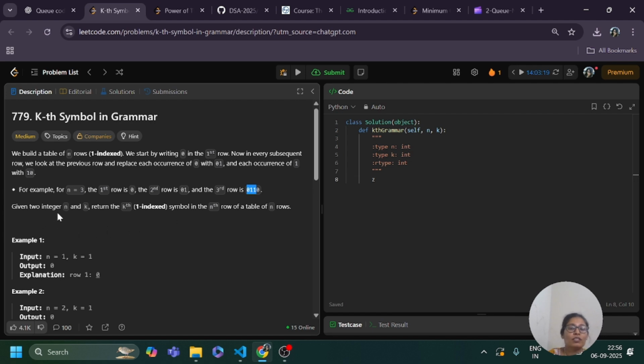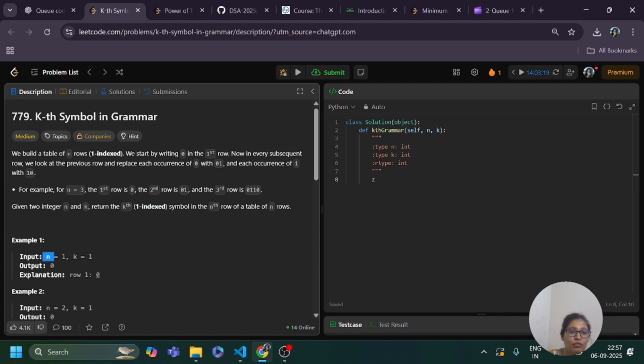So given two integers n and k, return the kth 1-indexed symbol in the nth row of a table of n rows. If you have n equals 3 and k equals 4, that means row number 3 and element number 4.